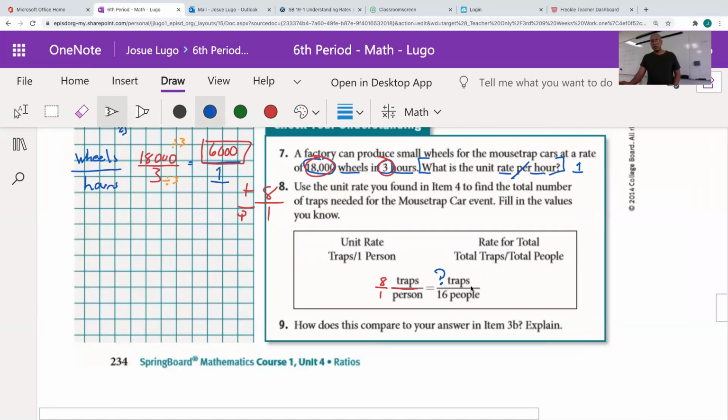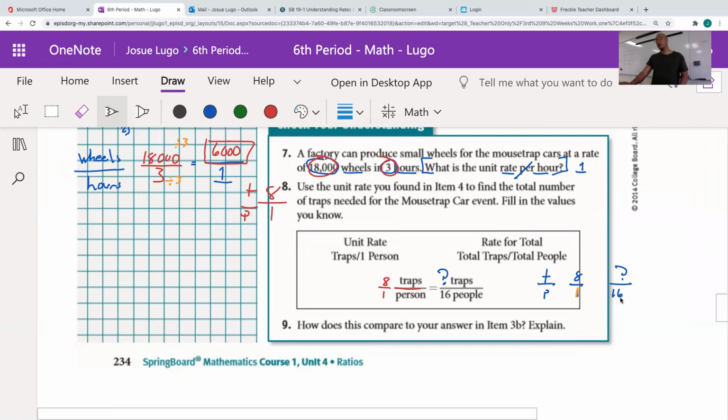Notice how they set this up already. They're doing traps per person. They say, well, 8 traps for every 1 person, but they want to know how many traps they're going to need for 16 people. Now, here's also the beauty of unit rates. When I'm starting with the number 1, I can easily figure out how to get to any other number.